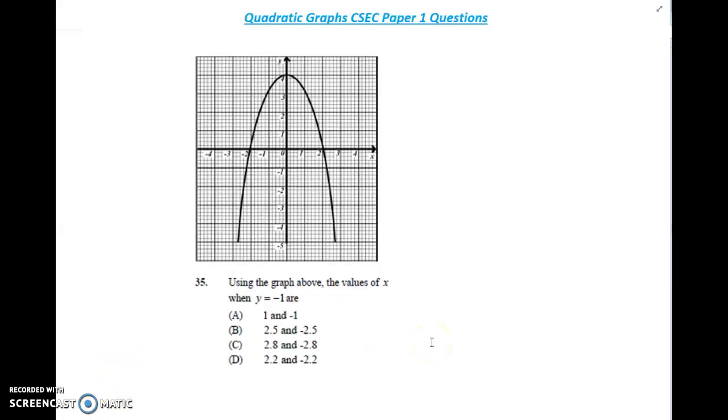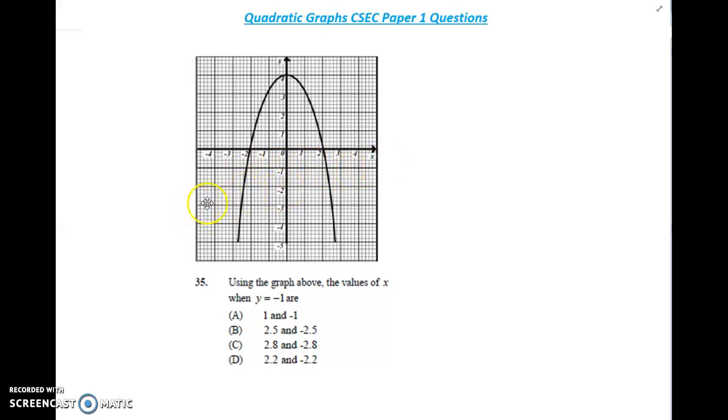Hi, so now this question, maximum curve, right? Remember mountain. The question says, using the graph above, the values of x when y is equal to negative 1 are, right? Remember we just learned when y is equal to 0 is the x-axis, right? So when y is negative 1, if you look carefully at the graph, you see a bold horizontal line going through negative 1, that is y equals negative 1, right?